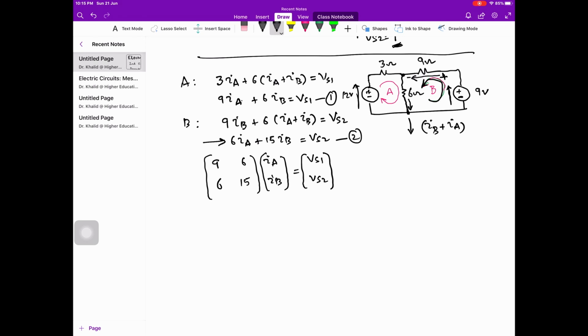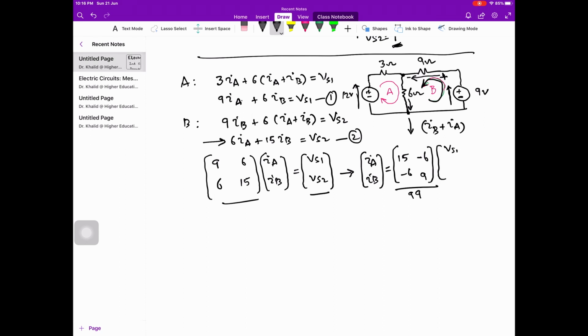And now the current matrix IA IB is equal to the inverse of this matrix, which is 15 and 9 and minus 6 and minus 6, divided by its determinant, which is again 99, multiplied by this matrix.